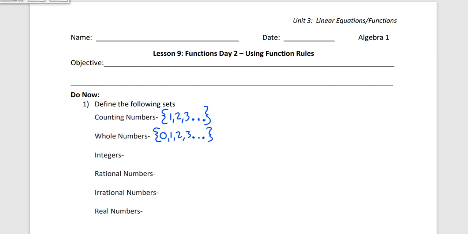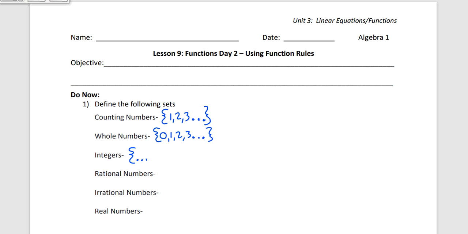Integers are where we introduce our negative numbers. Now it's not all negative numbers because integers are the whole numbers and their opposites. So no negative decimals or negative fractions, just negative whole numbers. I can write this in set notation by starting with ... because now it's going forever in both the positive direction and the negative direction.